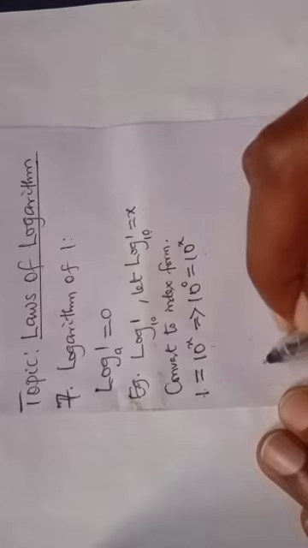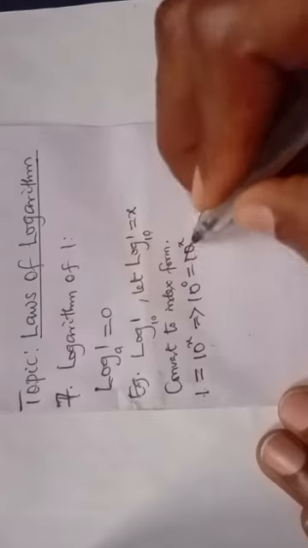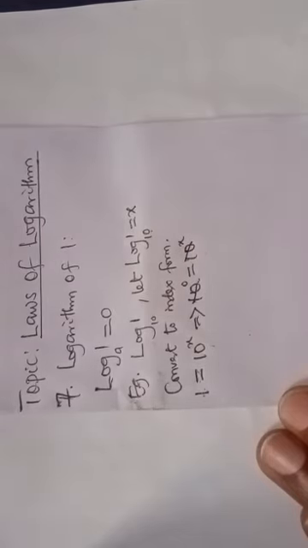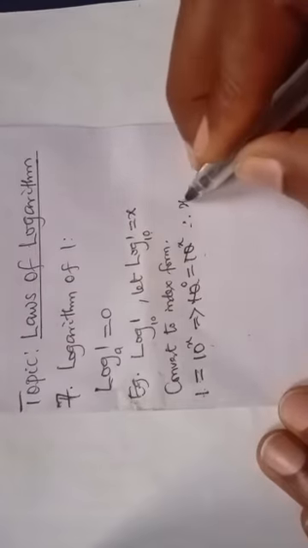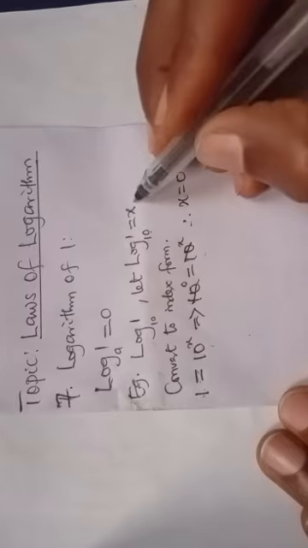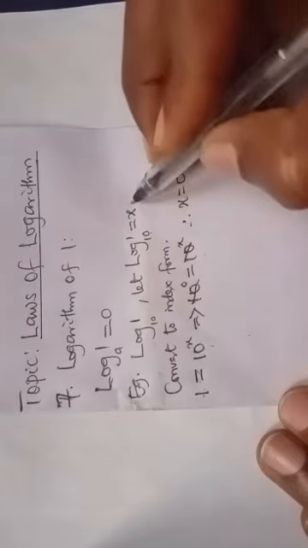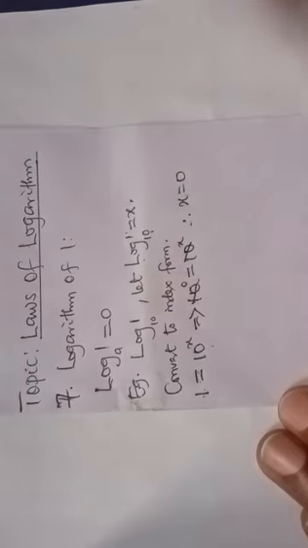Since we have equal bases here, I will remove these bases and equate the powers, which says that x is equal to 0. So if I replace my x with 0, that means log 1 to base 10 is 0.